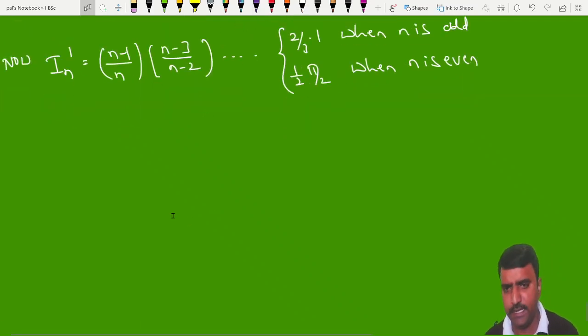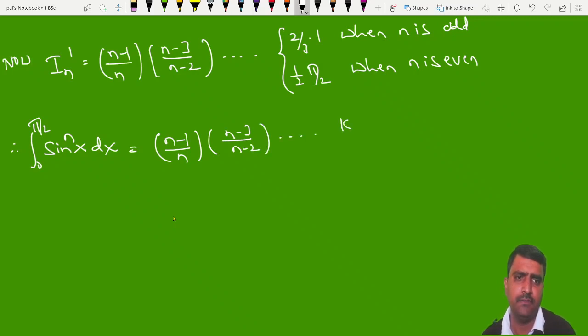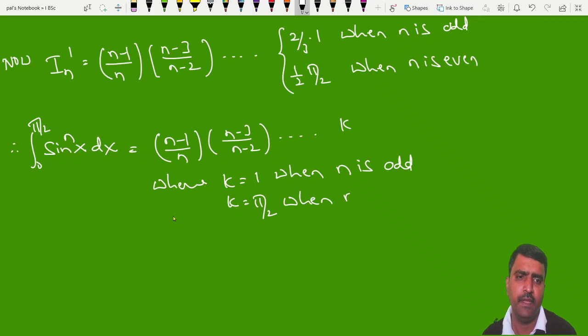So therefore, the integration from 0 to pi by 2 of sine to the power n x dx is equal to n minus 1 by n into n minus 3 by n minus 2 and so on into k, where k is equal to 1 when n is an odd number and k is equal to pi by 2 when n is an even number.